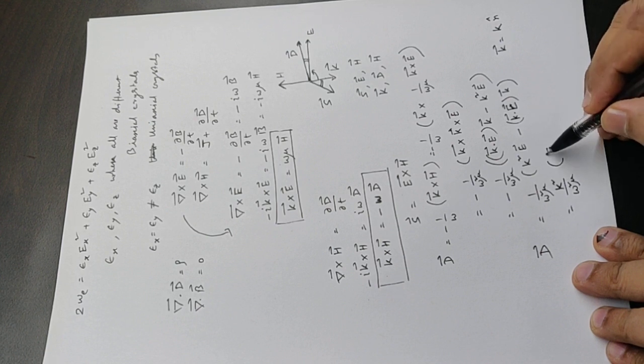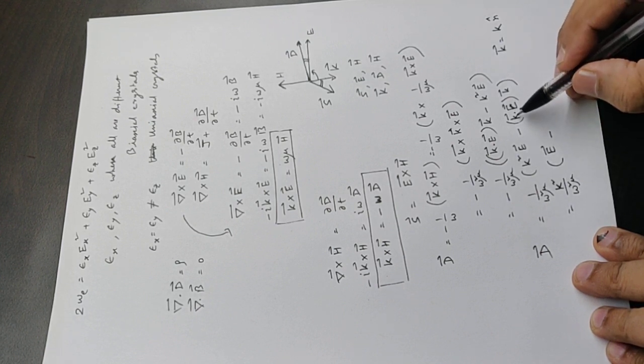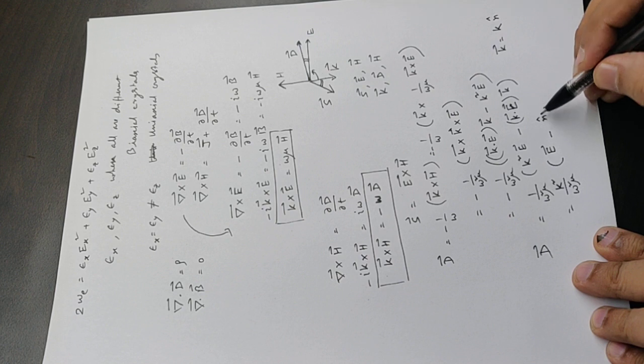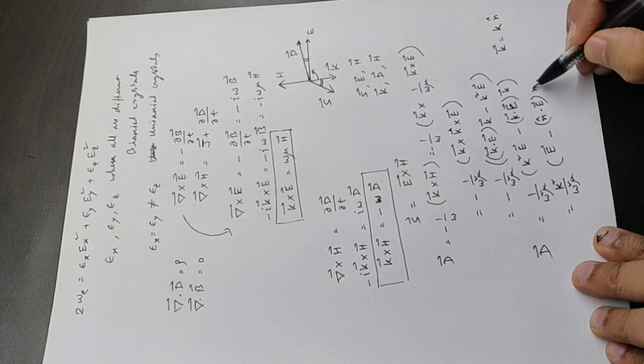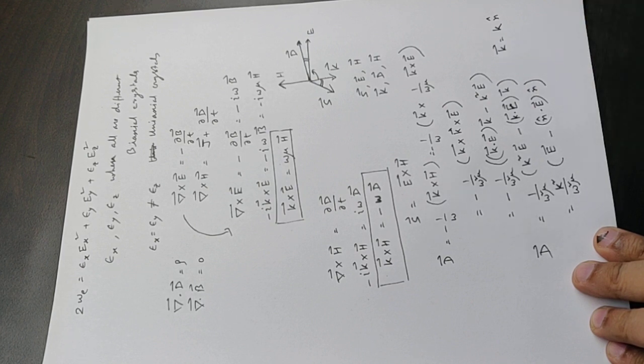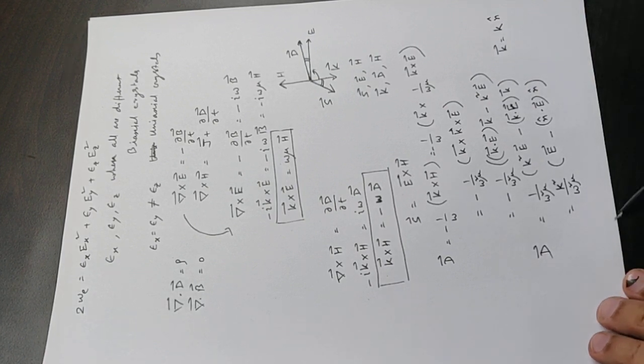So we have only E over here, minus N dot E and N over here. So this is our D.